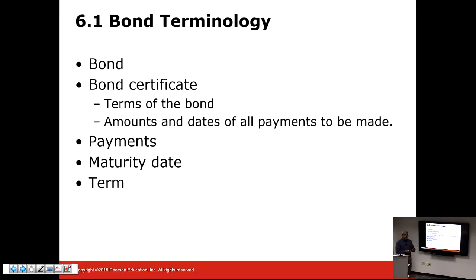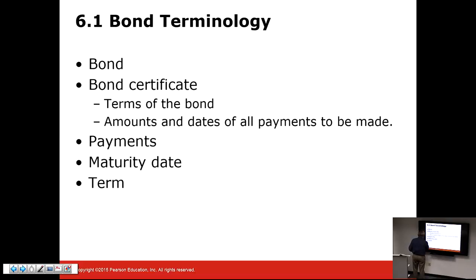So collectively, all of the bondholders together are providing a loan to the firm. The firm has to first decide what's the size of their loan offering. What's the size of the loan they want to take? $1 million, $50 million, $100 million, whatever. Once they make that decision, then they start selling bonds to raise that capital.